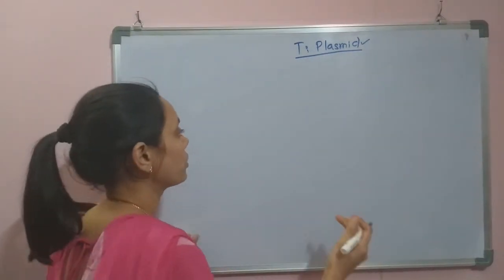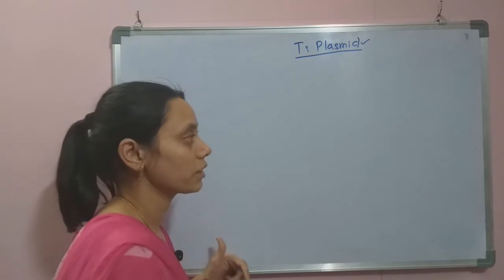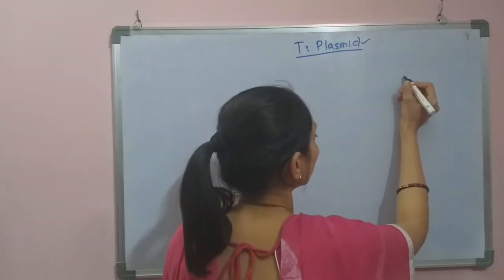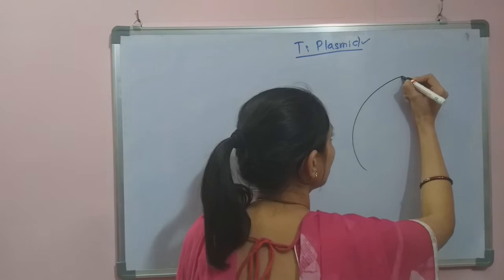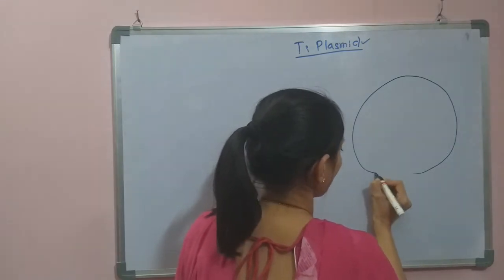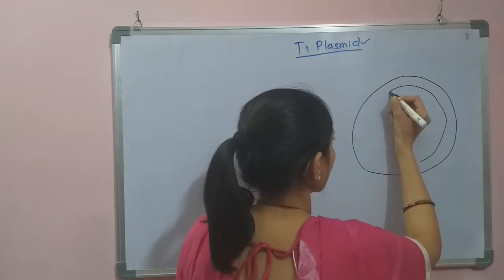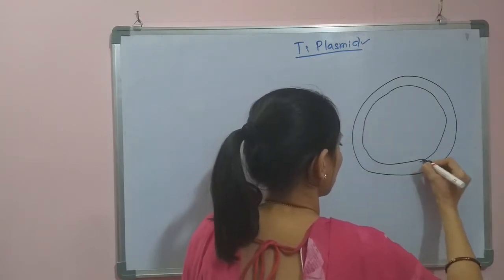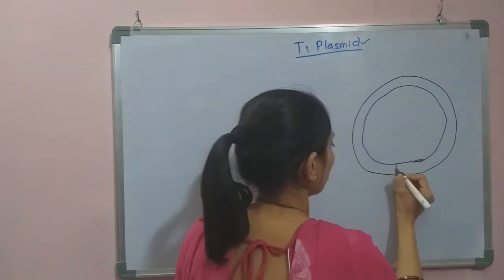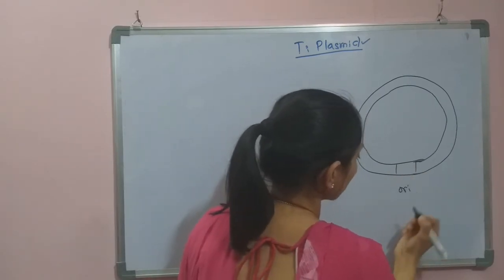There is a very large operon system inside the TI plasmid, and there are at least three regions that are essential. One is the origin of replication.